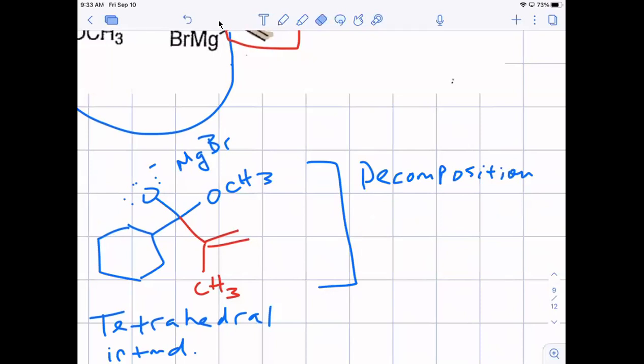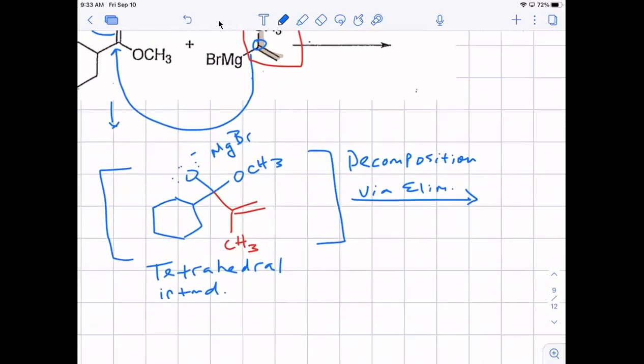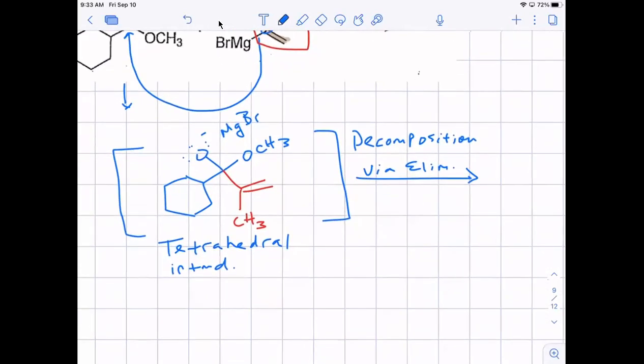So it's going to actually decompose through an elimination. Right. Because keep in mind, and you might be wondering, why can't we just quench it or stop it? But the thing is, the quench step, it's not a one pot reaction. Well, it's a one pot reaction, but it's a separate step.